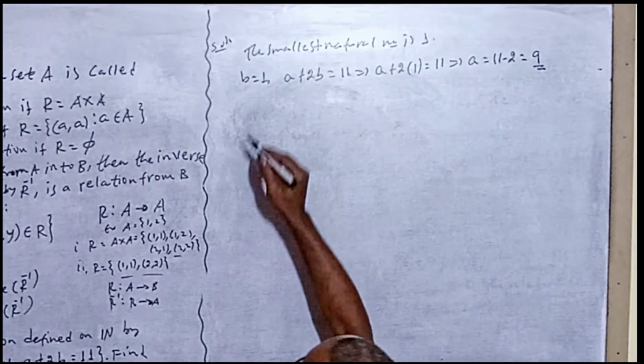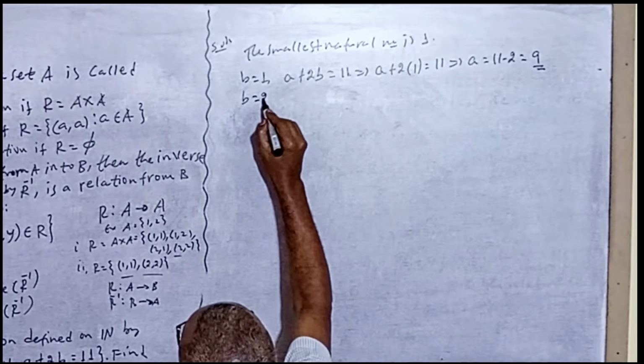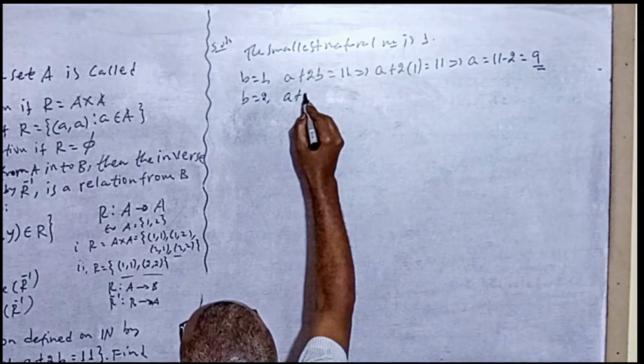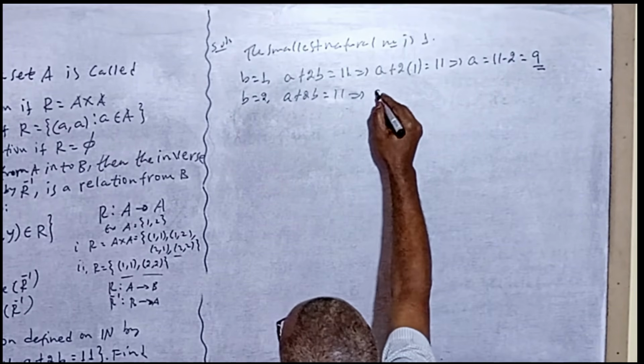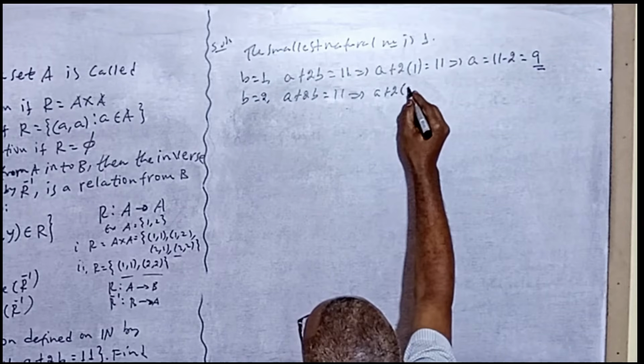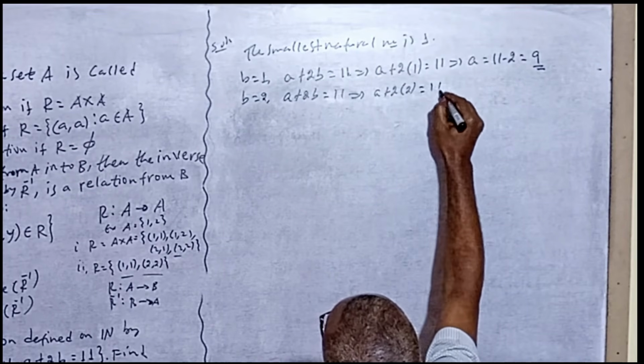So a is 9. Now let b be 2. Then a plus 2b is equal to 11, which implies a plus 2 times 2 is equal to 11.